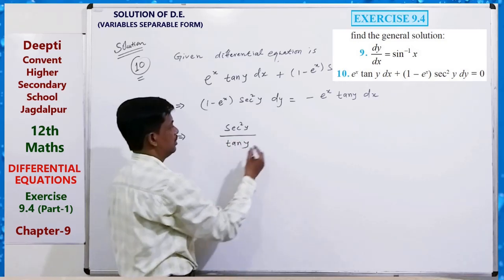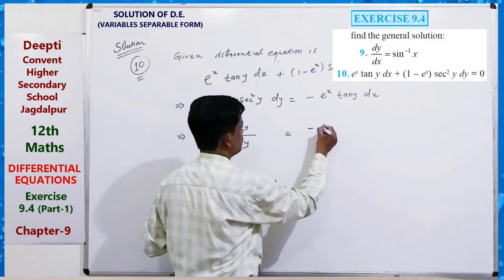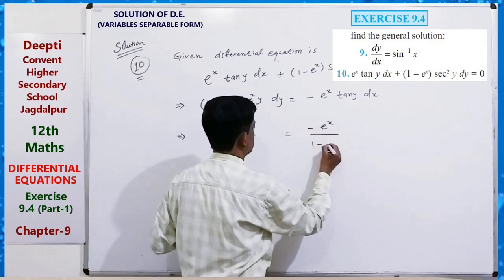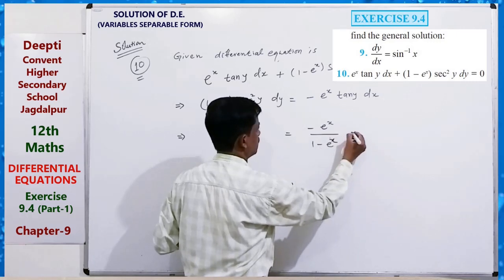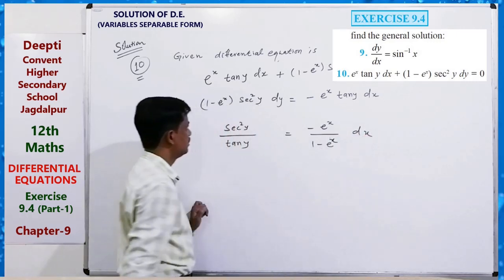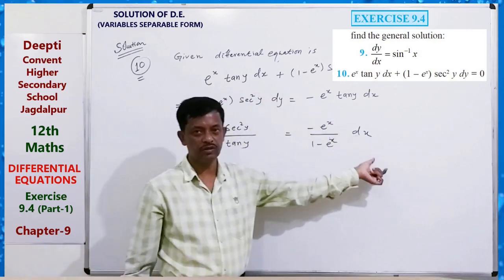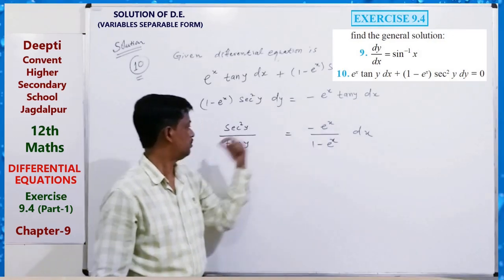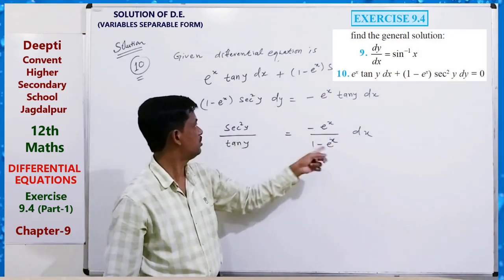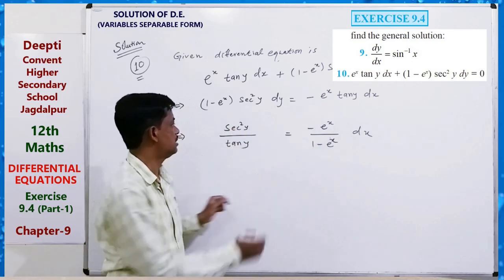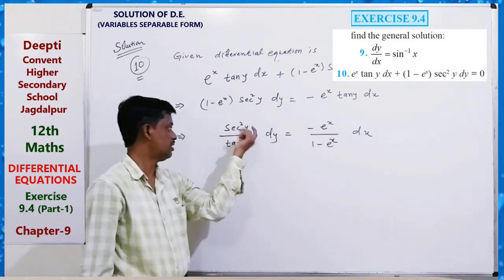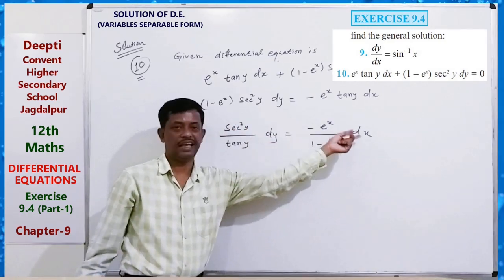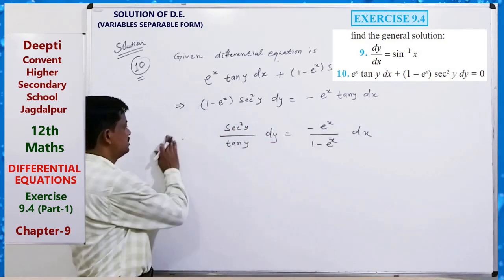And here minus e to the power x upon 1 minus e to the power x dx, keep it on the right hand side. This is the separable form: function related to y with dy, related to x with dx. Now integrating on both sides.